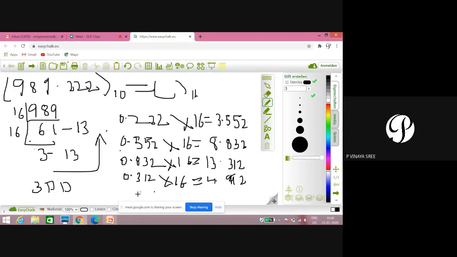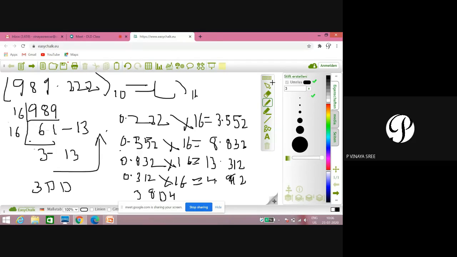Tell me the result: 3, 8, 13 whose equivalent symbol is D, and 4. So finally the equivalent number is 3DD.38D4. That is the answer.